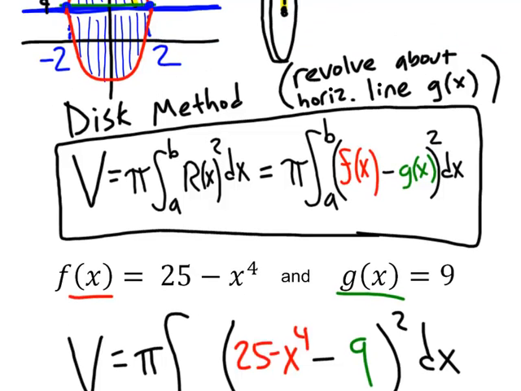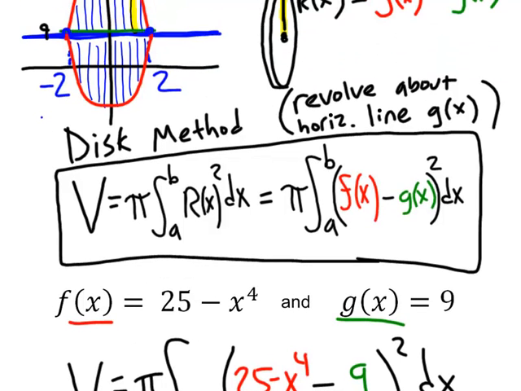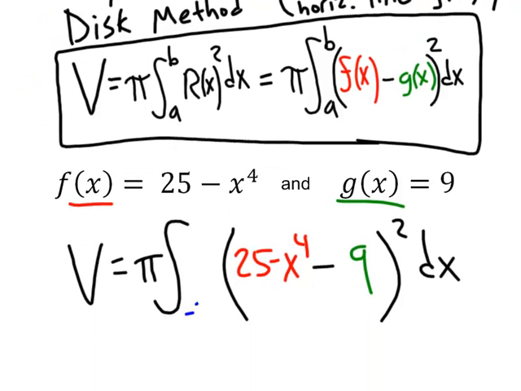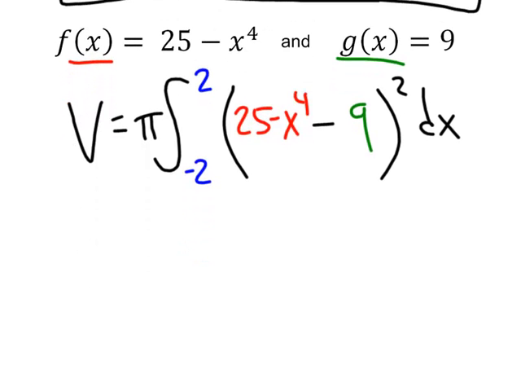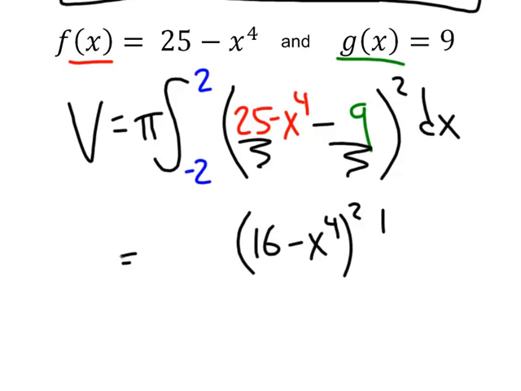And recall that earlier we calculated our limits of integration as -2 and 2. So we'll put from -2 to 2. All right, 25 minus 9 gives us 16 minus x to the fourth, squared.